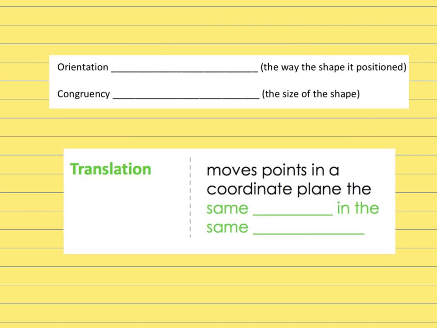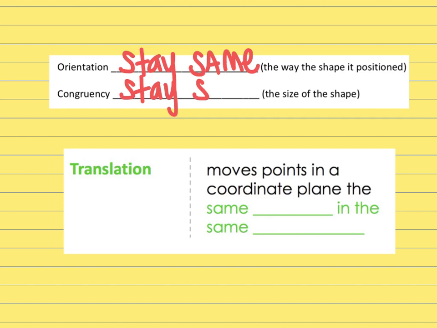So again, just to review, the orientation when you're doing a translation is going to stay the same. And the congruency, the shape is also going to stay the same size. Okay, then at the bottom it says that in a translation, you're going to move the points on the coordinate plane in the same direction and the same distance.